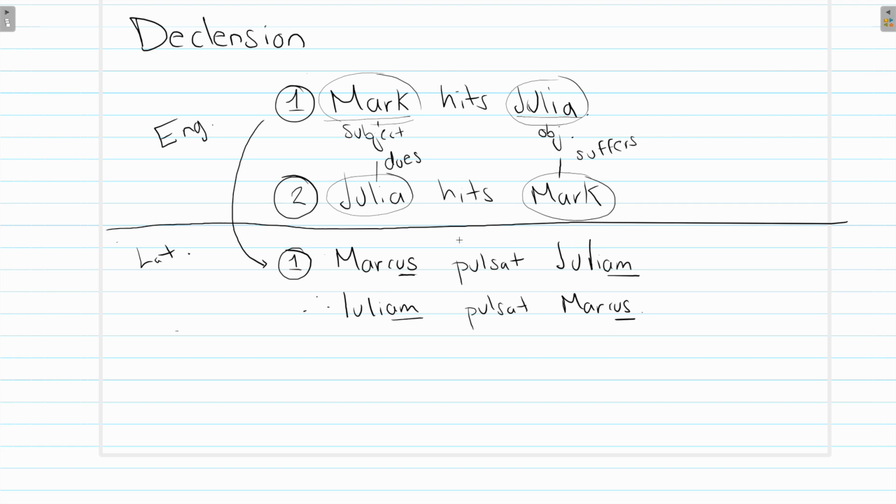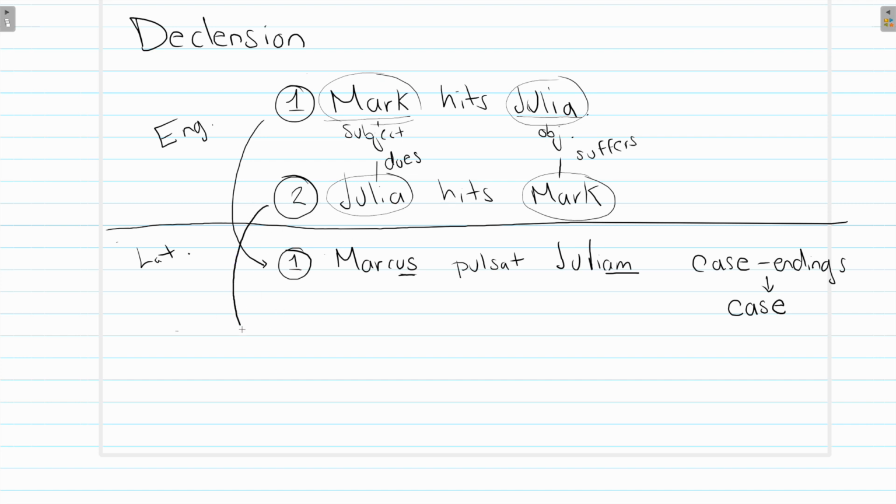It's not the order of the nouns in the phrase that tells us which person hits the other one. In Latin, we rely on the endings. And these endings are called, more specifically, case endings, because the case endings indicate to us the case of this or that specific noun.